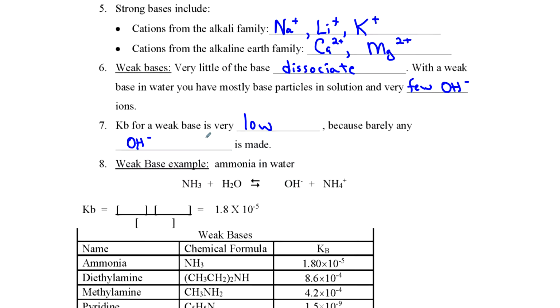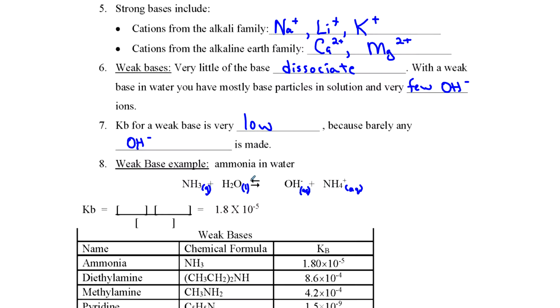Okay, so ammonia would be in the gas state. You can dissolve a gas in liquid water, and when you do that, it will ionize or dissociate to some extent into hydroxide ions, and then the other ion would be NH4+, which is the ammonium ion.